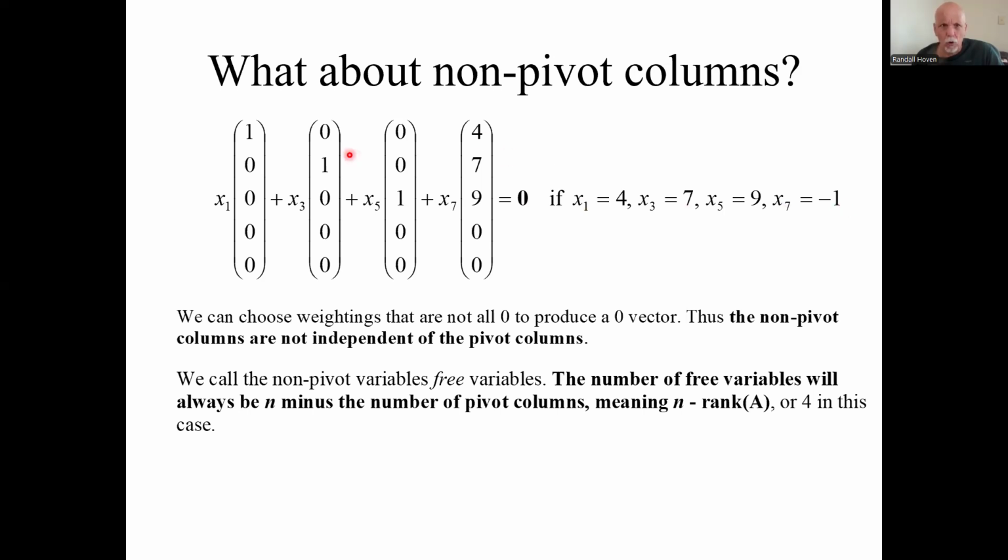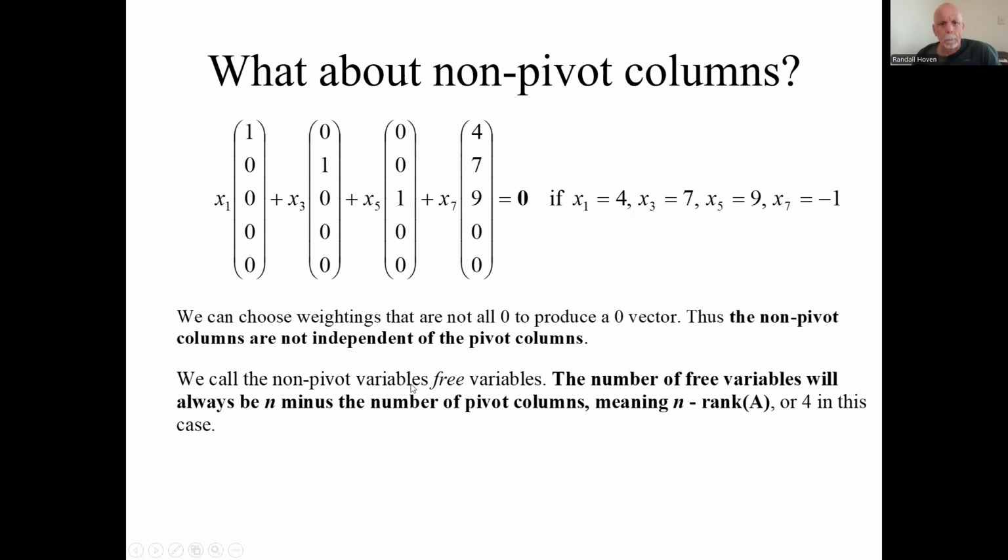So these 4 vectors are not linearly independent, but these 3 vectors are. So this guy is not linearly independent of the rest. We could do this test on all the free variables, all the non-pivot columns, and you end up with the same thing. So the non-pivot columns are not independent of the pivot columns, but the pivot columns are independent of each other.